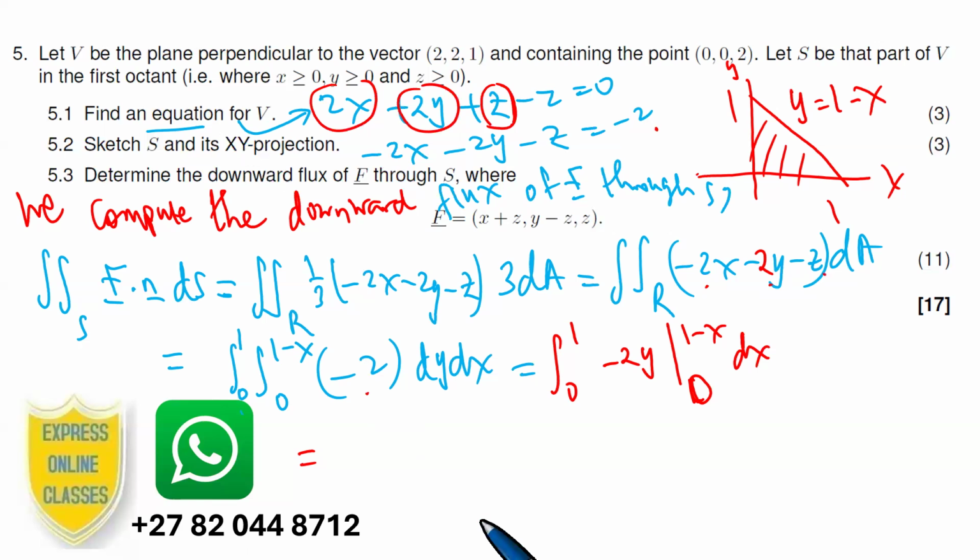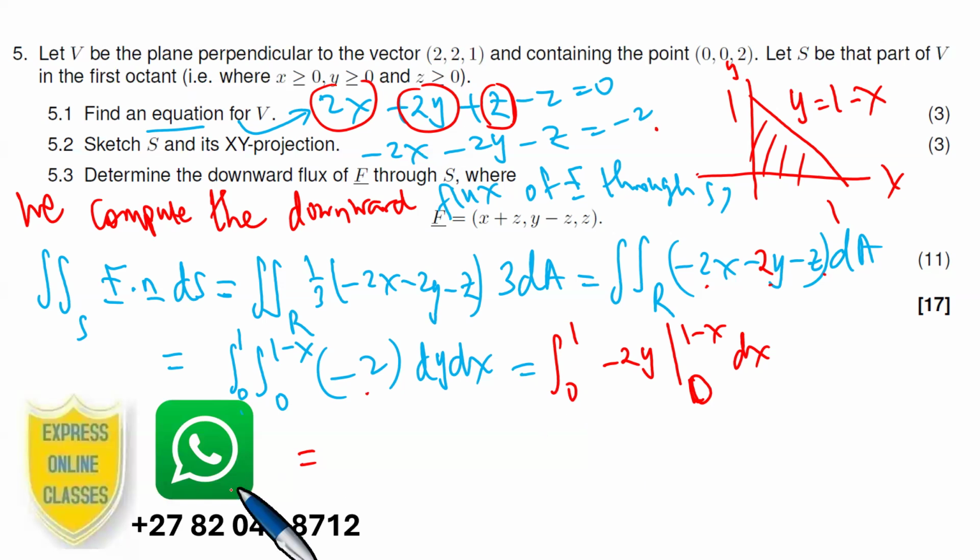Now, with this, we are able to do the following so that we can integrate here. If we integrate these, we'll get exactly the following.